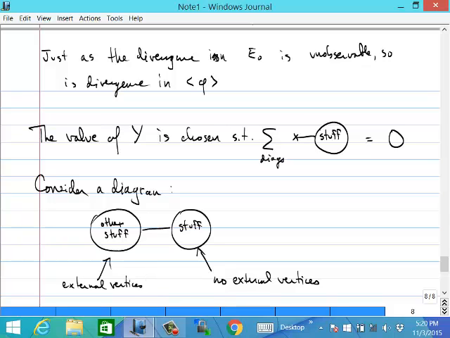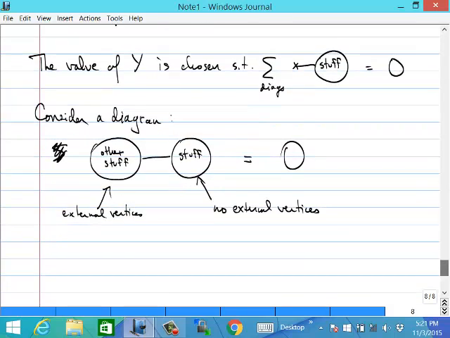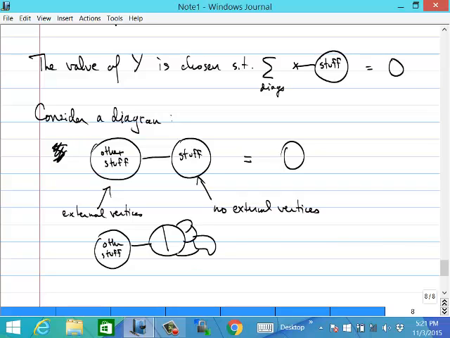But the value of y is precisely chosen so that when you sum over all possible diagrams, you get precisely 0. So for example, let's say that we had one contribution that looks like this. You got some crazy diagram. And then you have some counter term. And the value of the counter term is chosen precisely to cancel that crazy diagram.